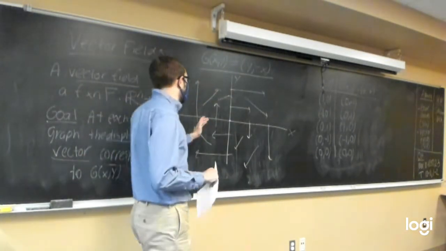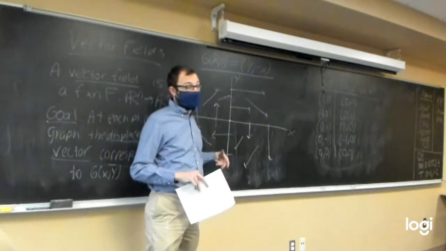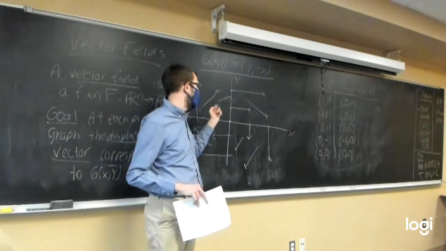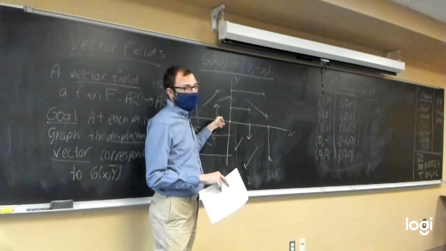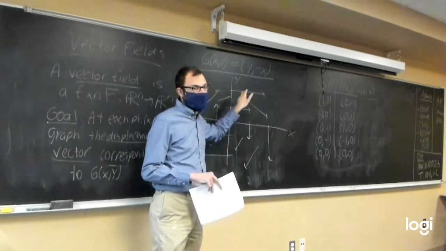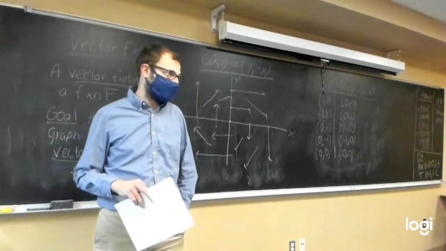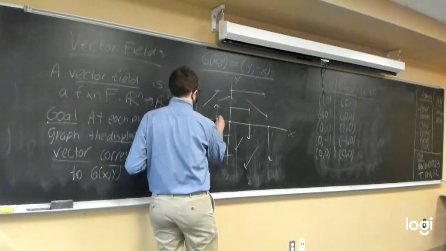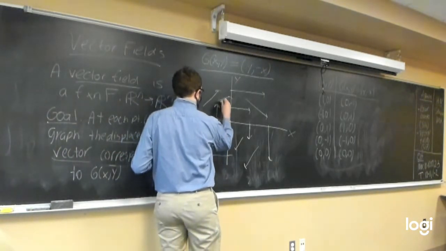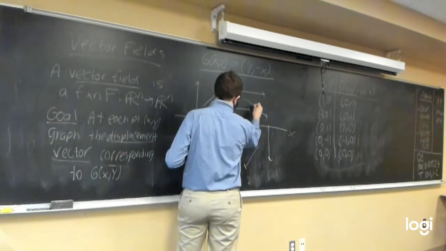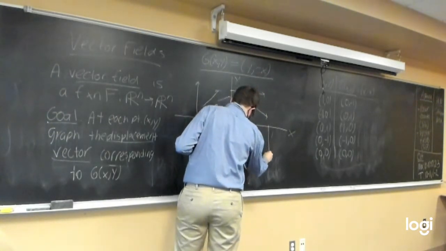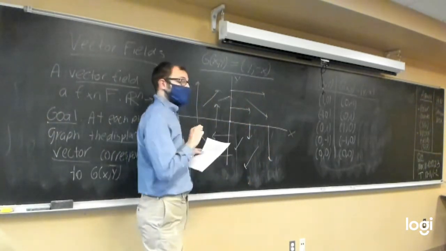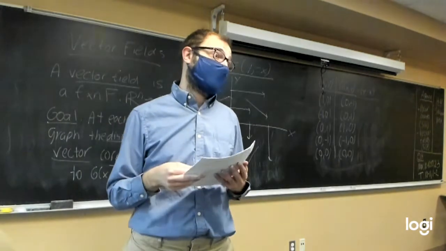If these were, for instance, water currents, and we were to plop a boat down in here, it would be traveling in a clockwise circle. If I were to go here, it'd start off going this way, and then maybe go this way, and then loop around and do something like this. Potentially ending up right back where it started.